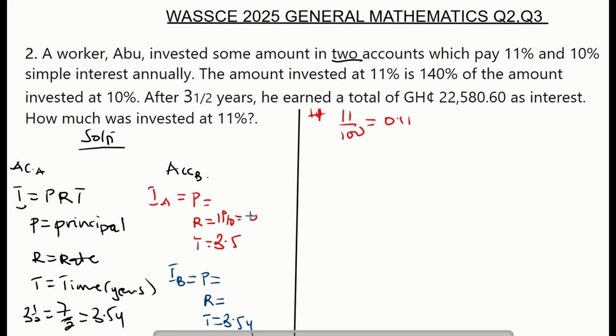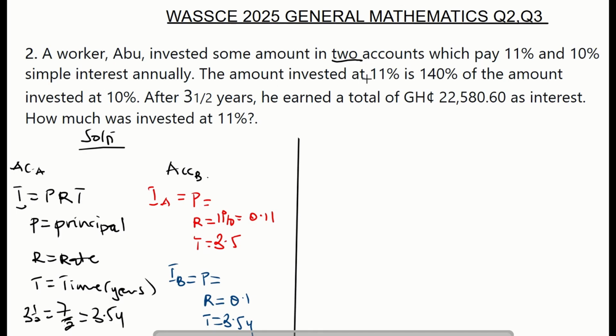So here I have 0.11. For the second one it is 10%, which is the same as 10/100, which is 0.1. So here it is 0.1. Let's take this off and then proceed.